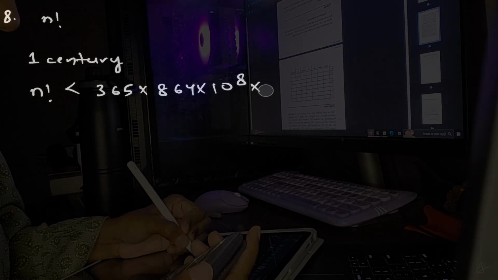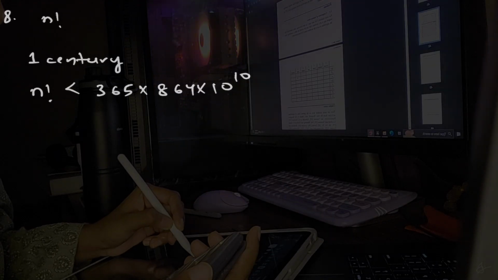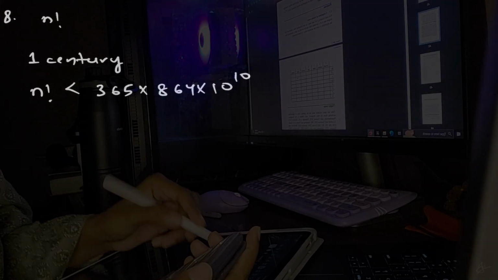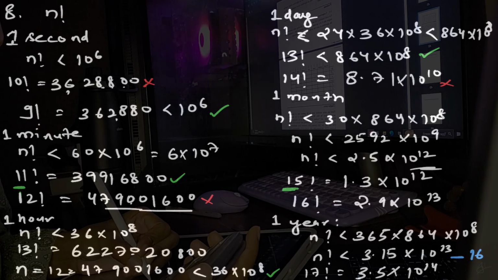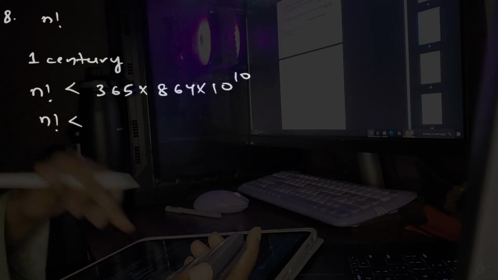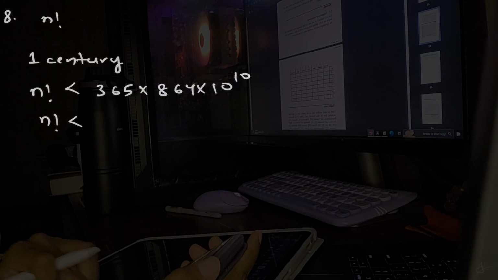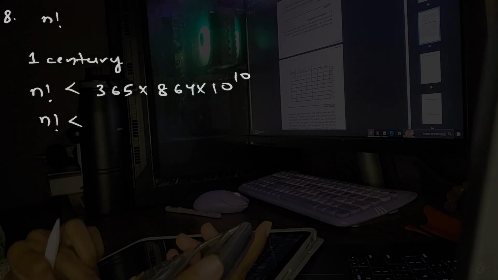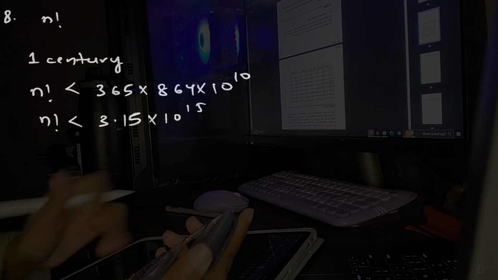First, 365 into 864 into 10 to the power of 10 equals 3.15 into 10 to the power of 15. Awesome.